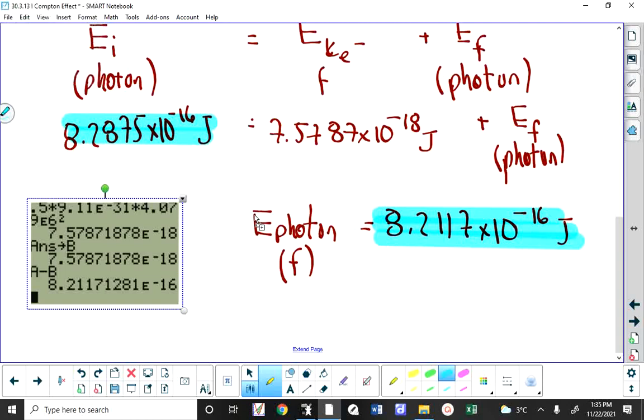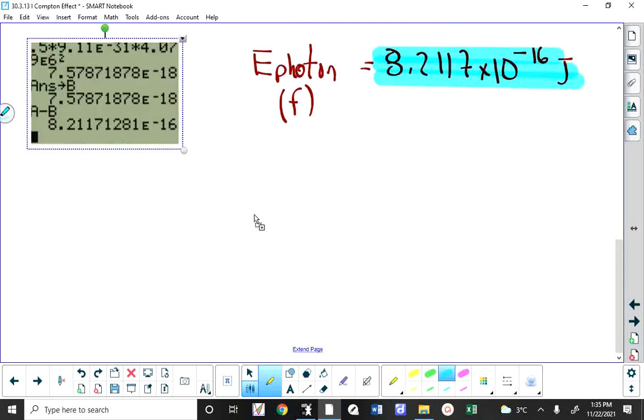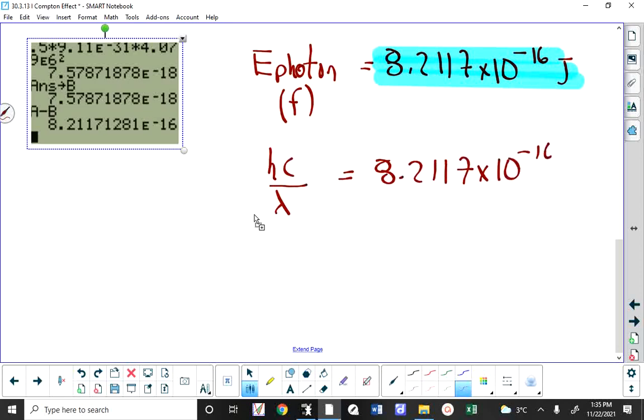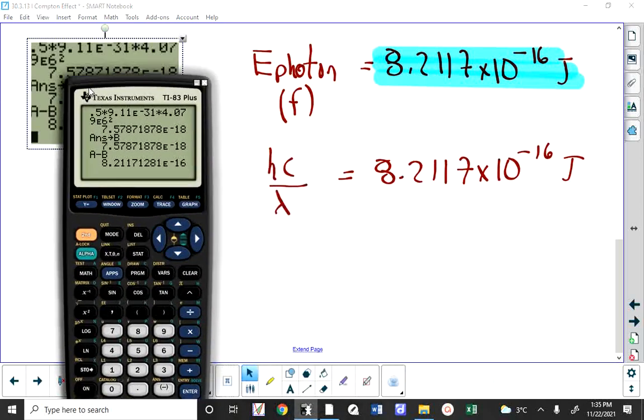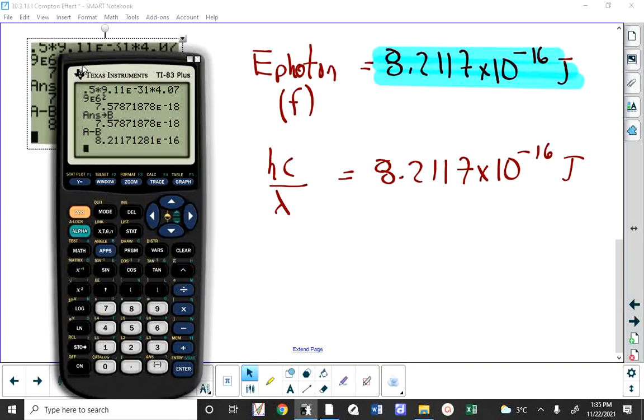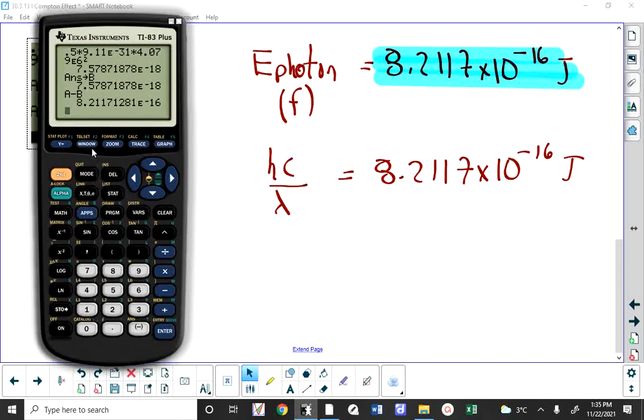Anyway, what we can do now is set that equal to hc over lambda. And looks like to get lambda, we would have to take hc divided by that energy.